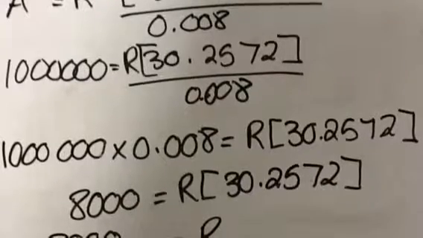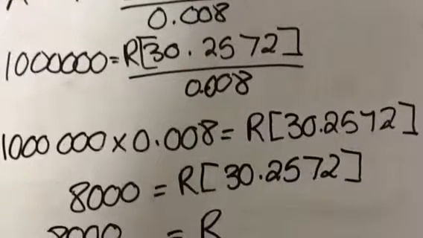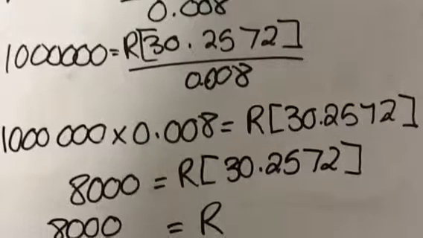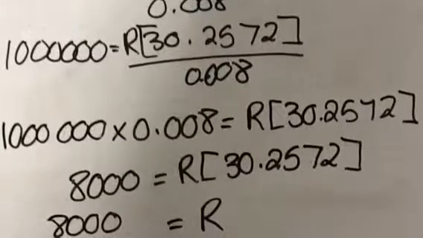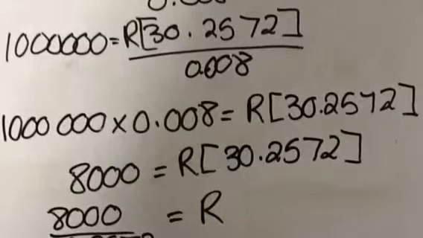We'll then times the 0.008 out of the division to the other side, so it'll be 1 million times 0.008 to give us 8,000 equals R bracket 30.2572.